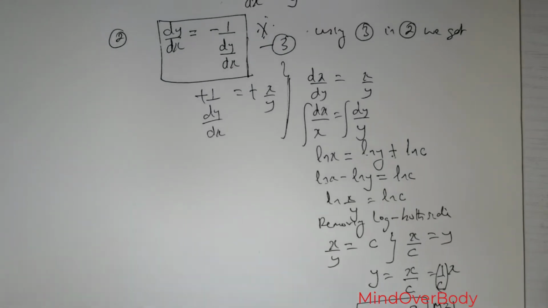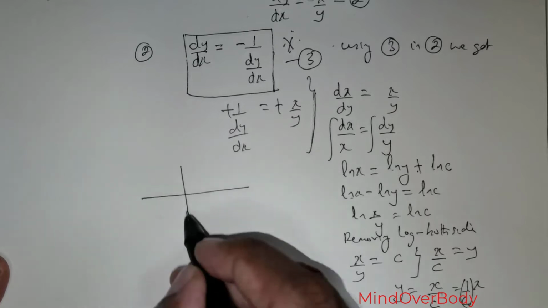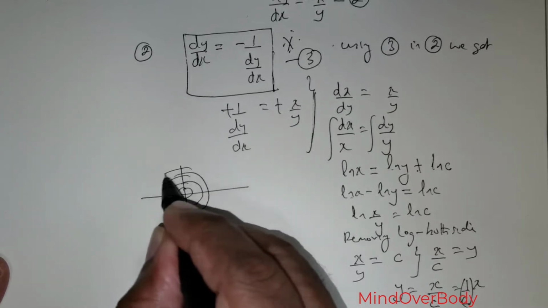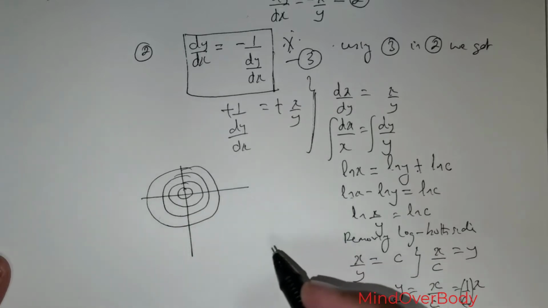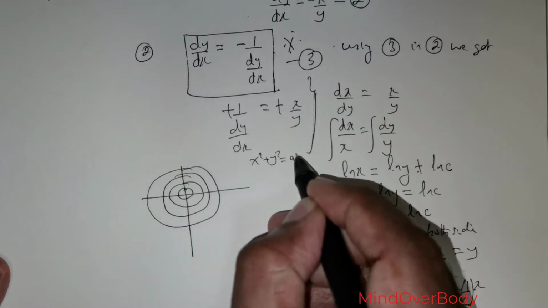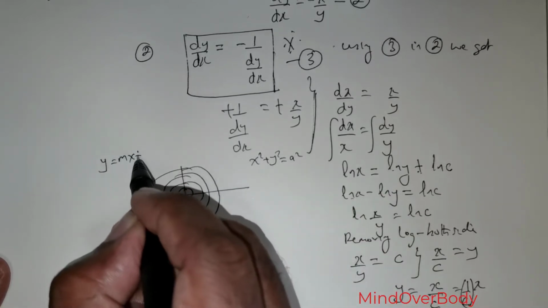That is the understanding. So if we have to visualize, how does the visualization go? So in the previous case, I have just shown you this. So this is the family of curves that are being given. Now this is x squared plus y squared is equal to a squared. So a family of circles. Now we get y is equal to mx.